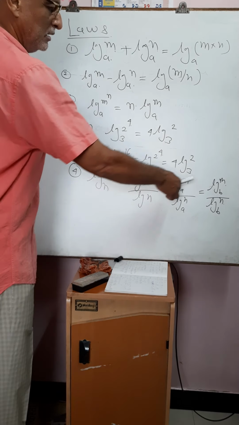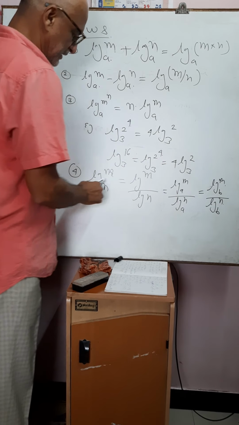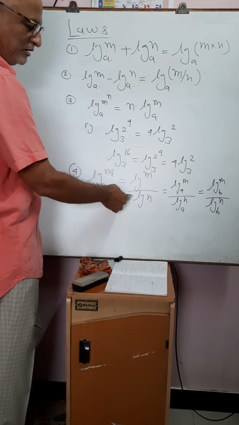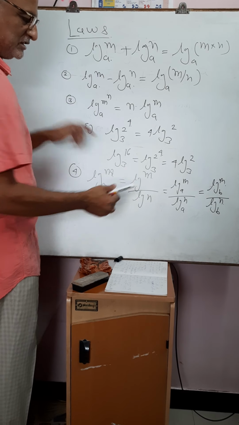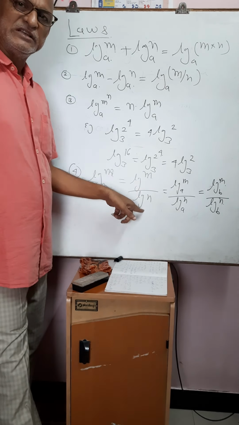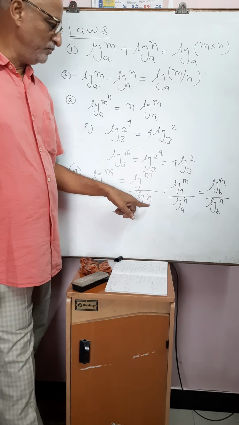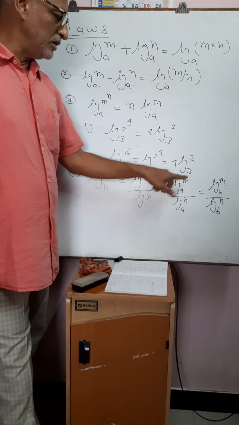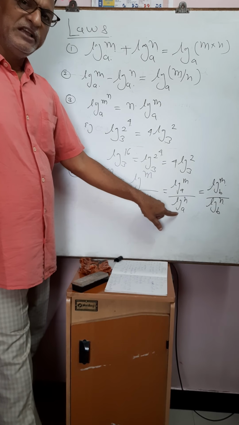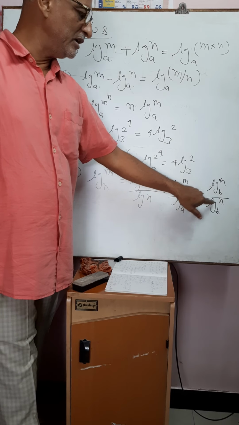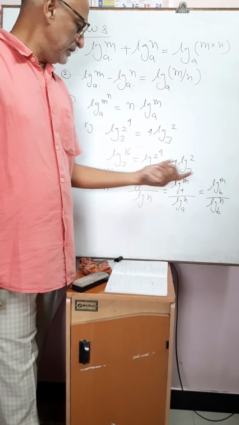So that is the fourth law, log of m to the base n is equal to log m divided by log n. In the first case, I have not put the bases. Whenever the base is not there, you have to consider that the base is same. Or you can write log m to the base a upon log n to the base a.